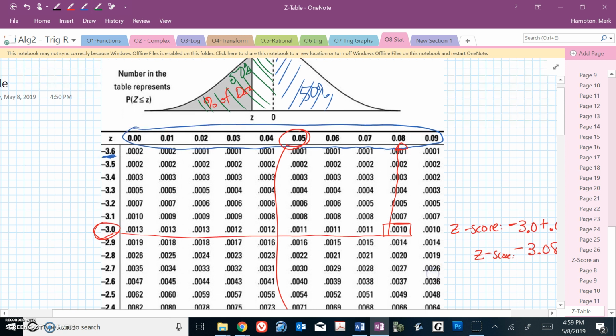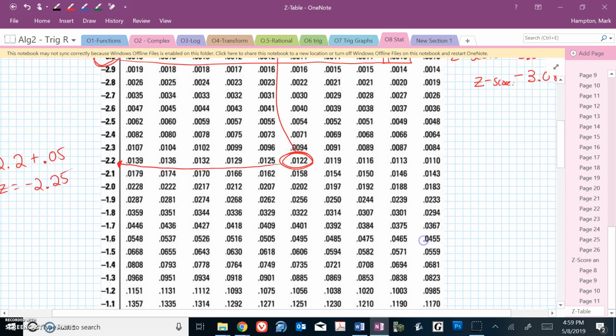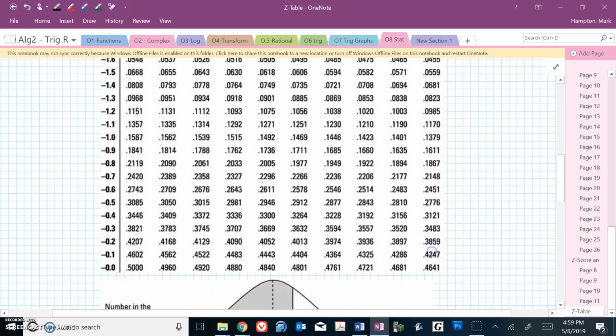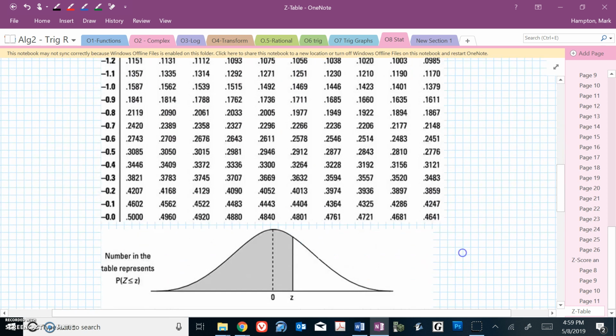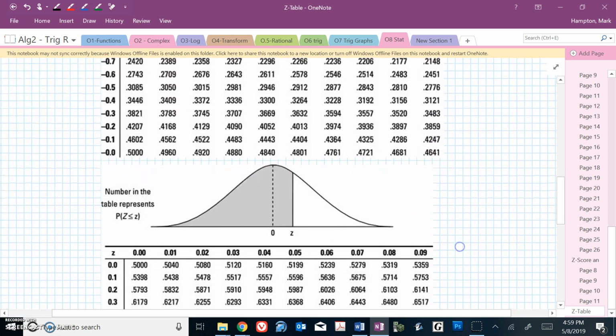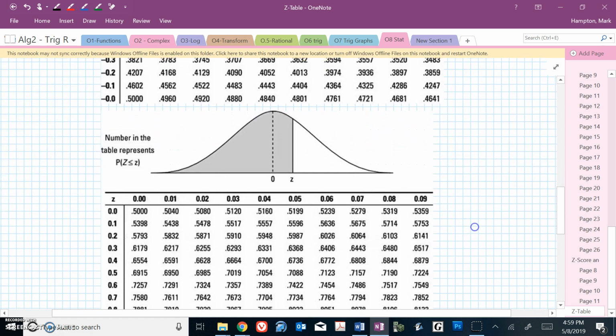So let's see if we can find that out. Right here in the middle is a z-score of 0. So I'm going to scroll down my table and find where a z-score of 0 is, which is right about here. Notice that it's changed from negative numbers to positive numbers. Here is a z-score of exactly 0.